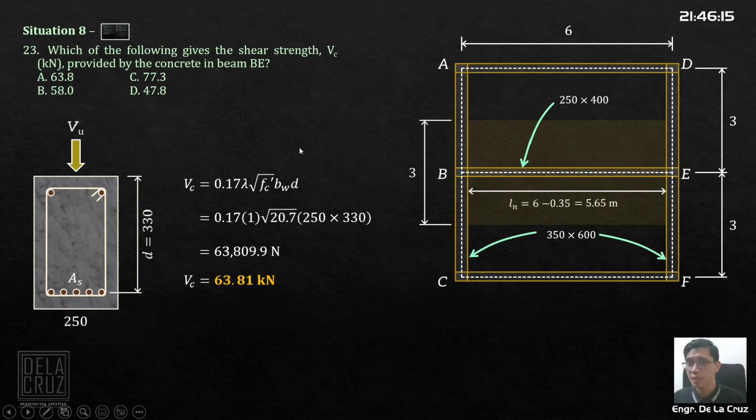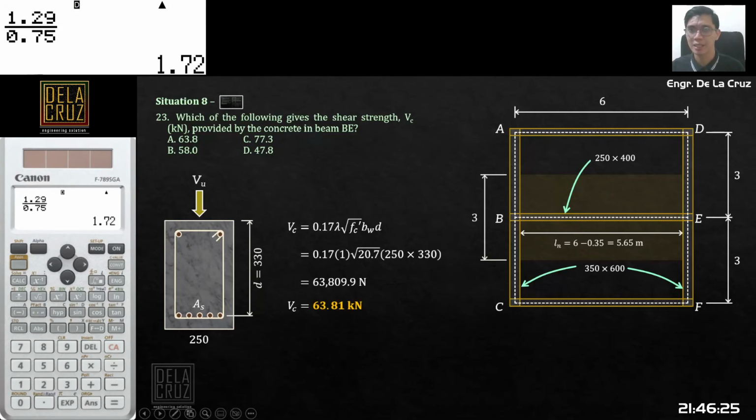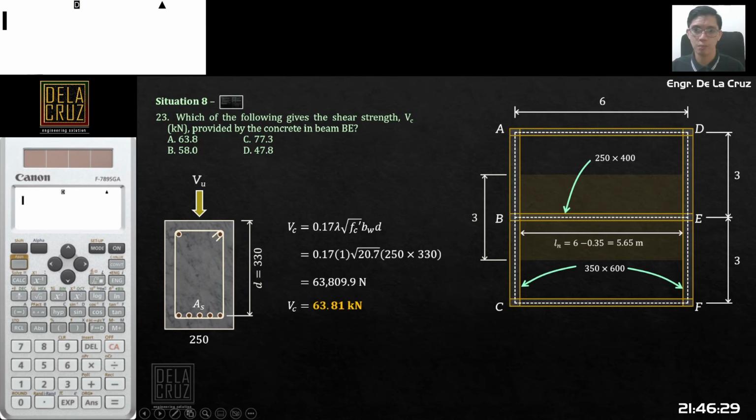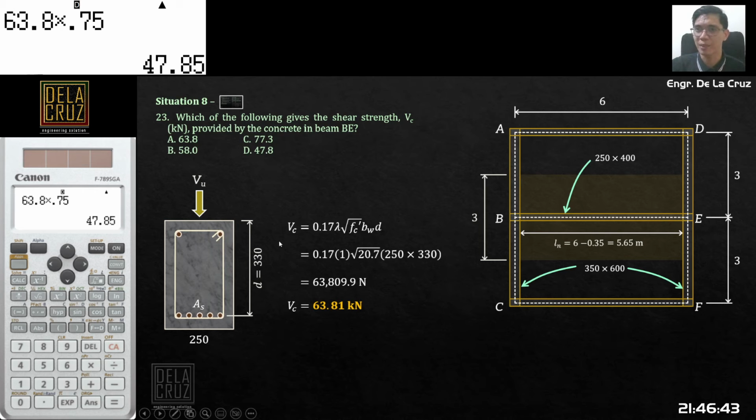Now, VC. Now, kung nag-multiply ka dito ng reduction factor, meron pa ring lalabas. Grabe si examiner. Napakatyaga gumawa ng choices, no? So, 63.8 times 0.75 reduction factor. 47.85. Look. It is here. 47.85.